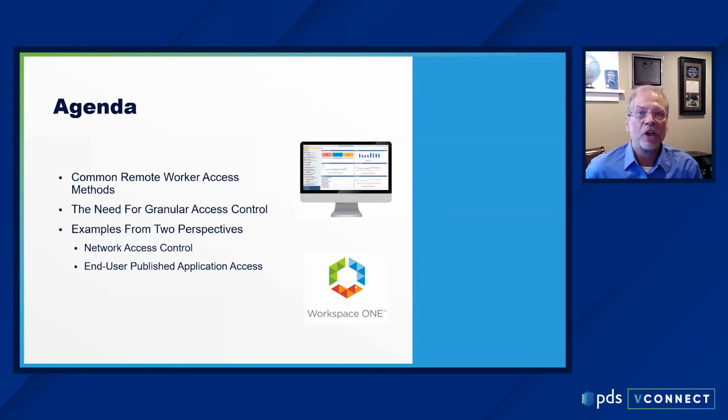We'll talk about why granular access control can become a good thing to have and why it's important and where it fits in. And then a couple examples from two different perspectives. One more from a network administration perspective or network access, and then another more from an application access perspective and an end user application perspective.